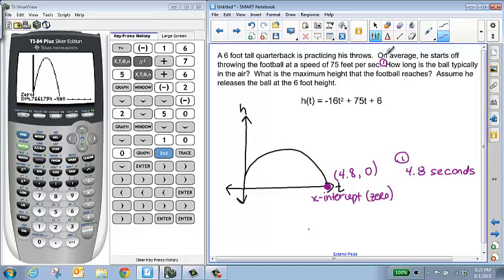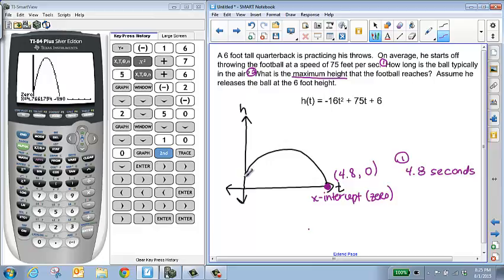Okay. Now for the second question here, it says, what is the maximum height that the football reaches? So again, what you want to do is look at the path of that football and figure out, well, what point along this parabola is going to represent the maximum height that the football reaches.